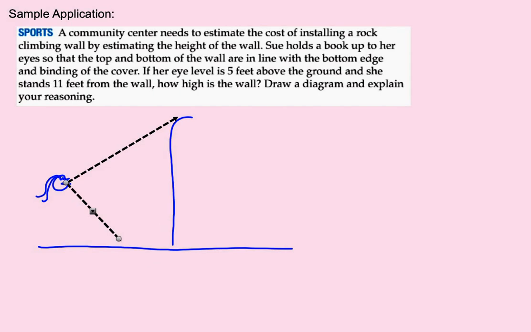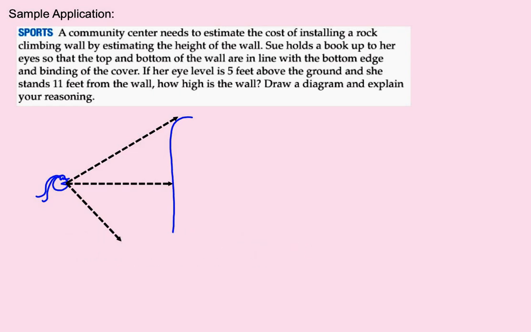Okay, so we know that Sue, the problem is I don't have Sue drawn in proportion to the wall. So we're just going to have to kind of pretend that is correct, but this is the general idea. So the book is right here, and it has a right angle in the corner. I'm actually going to erase the wall and the ground here because it is making this seem confusing.